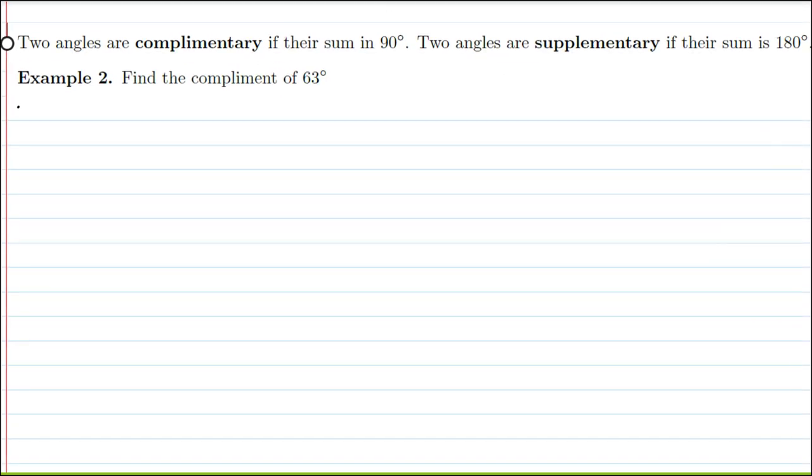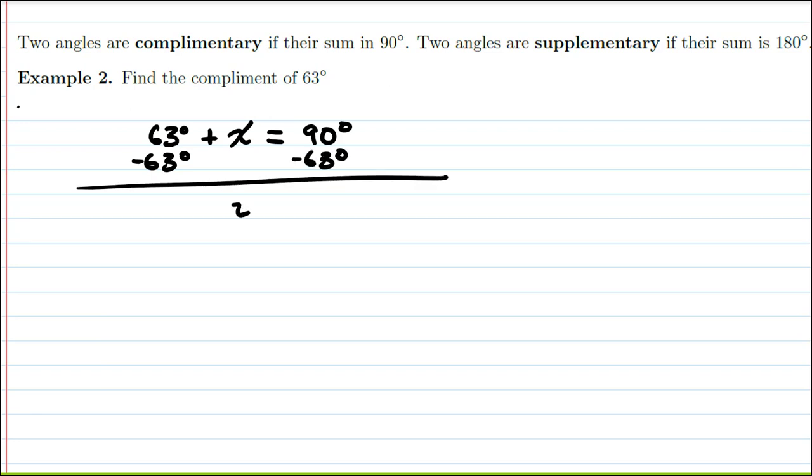So in this first example, it says, find the complement of 63 degrees. Well, by definition, we know two angles are complementary if their sum is 90 degrees. So we would have 63 degrees plus its complementary angle would have to add up to 90 degrees. So then solving that equation for x would tell us that the complementary angle to 63 degrees would have to be 27 degrees because 27 plus 63 is equal to 90.